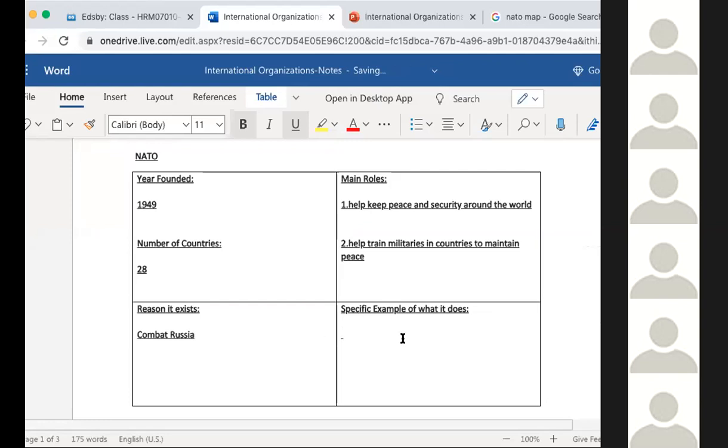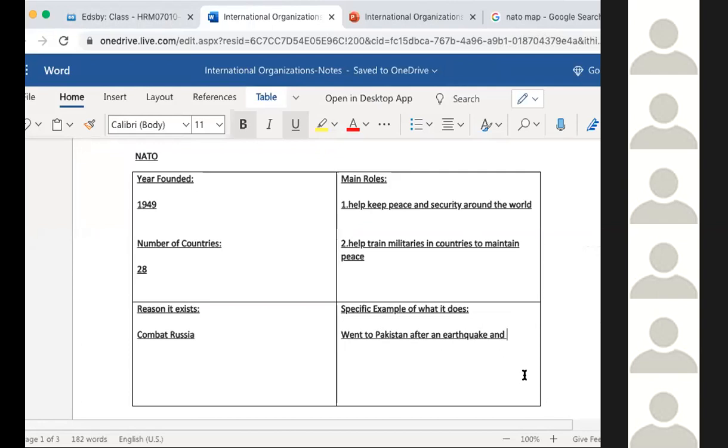Maybe. So if we look for a specific example of what they do, they went to Pakistan after an earthquake and did what? Wait, was it flooding or? I said earthquake. What did they do in Pakistan after there was an earthquake?